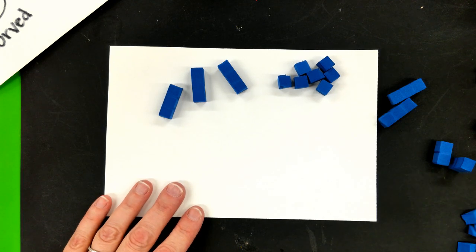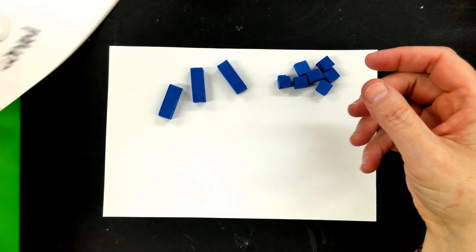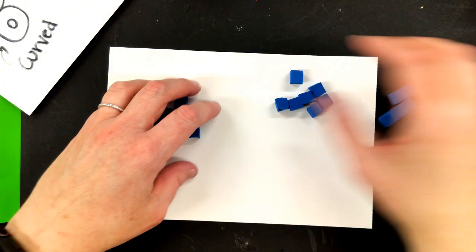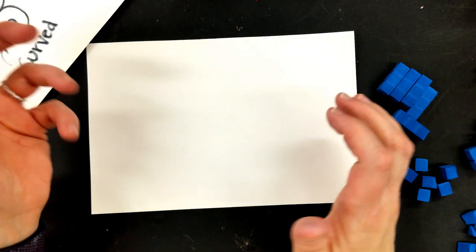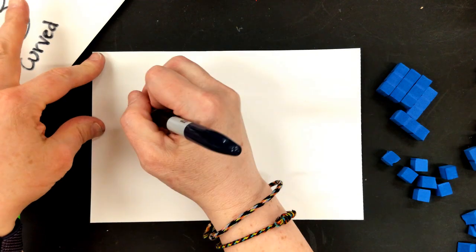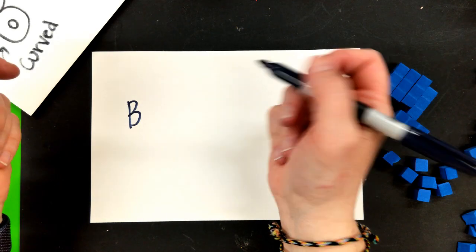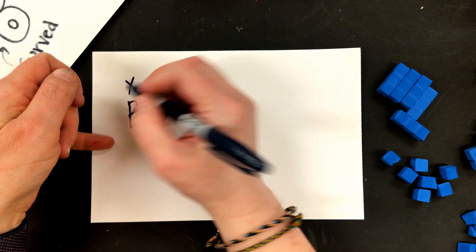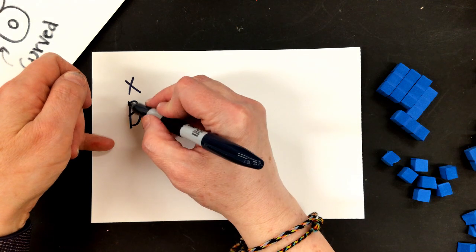For example, let's say I've got this letter B that we were looking at just a second ago. If I wanted to build a letter B, what would I need to create that? If we look at a B, obviously for block letters, I can't use a curved line, so this is a no. If I had to do this with just straight lines, I've got this straight line here.